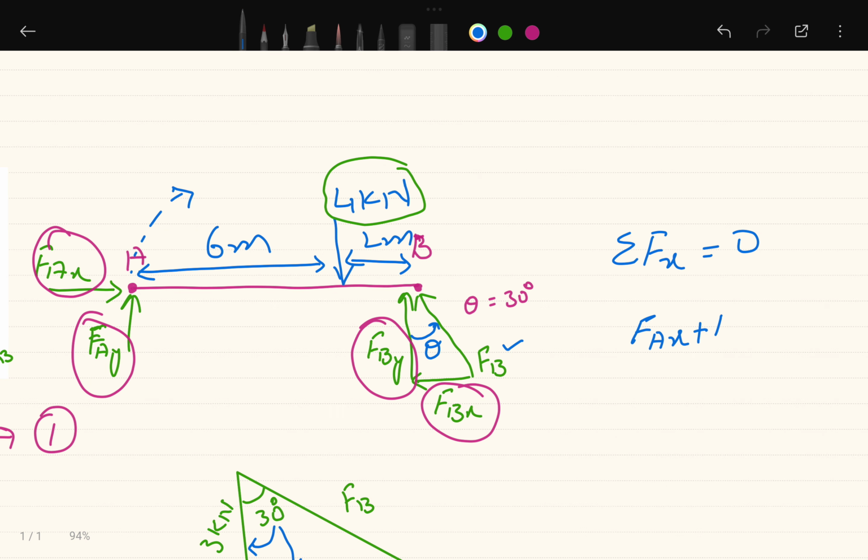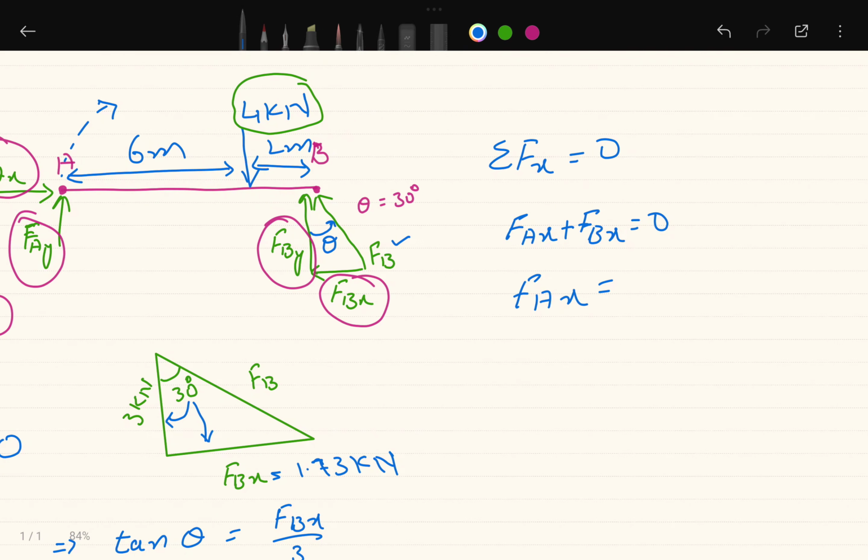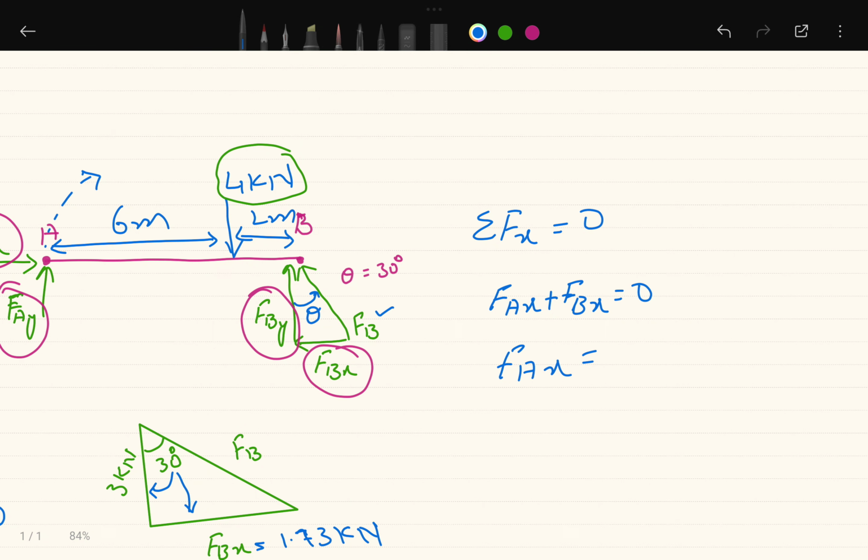Now your FBX is actually equal to 1.73, so you can find out FAX. If you take this FBX as negative, because it is in the negative direction, then when it comes to the other side, it actually becomes positive 1.73.